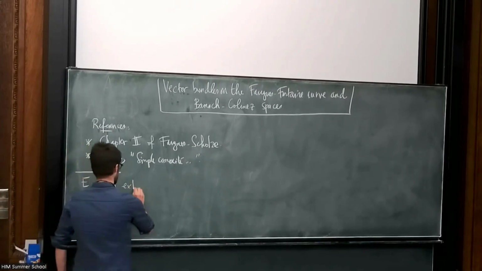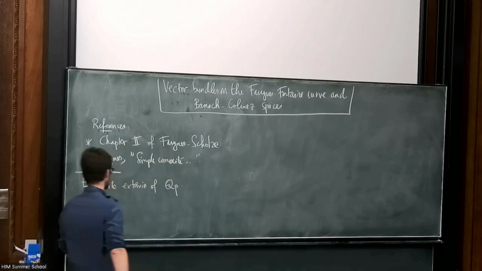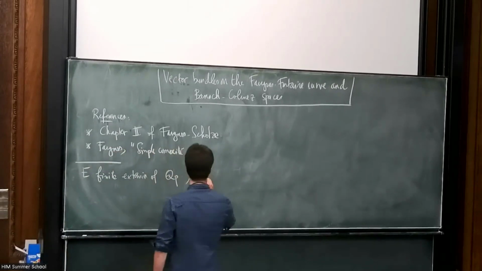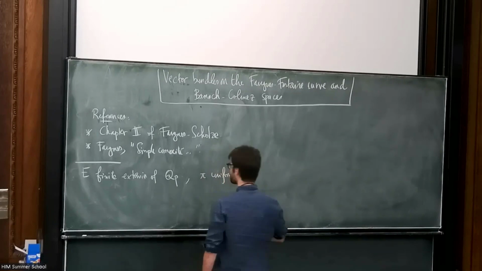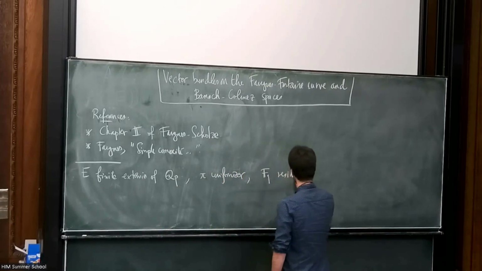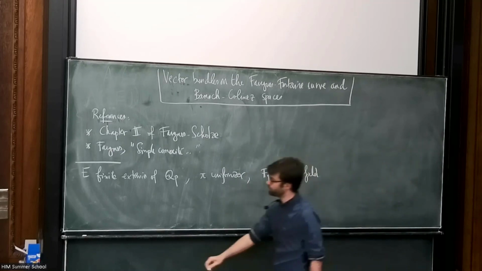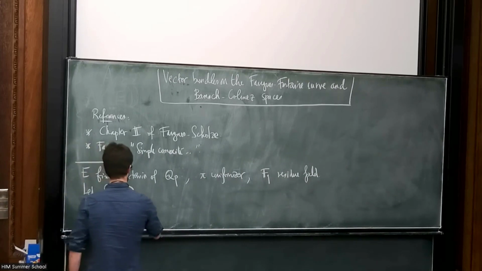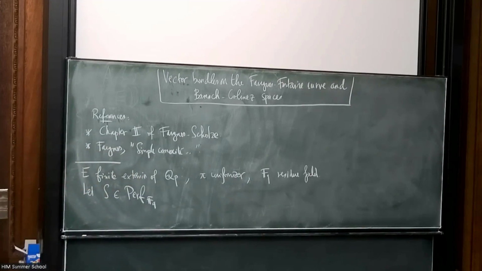Okay. So let E be a finite extension of Q_p. And let's fix a uniformizer pi, and let F_q be the residue field of E. And let also S be a perfectoid space in characteristic p living over F_q.